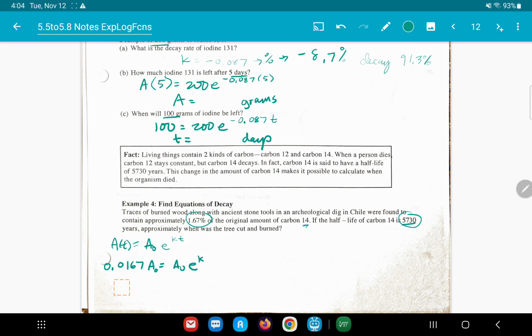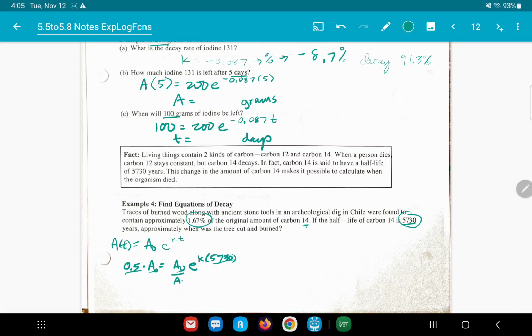Oh, actually, I'm writing the wrong numbers, I'm sorry. Since this is going to give us half the amount in 5,730 years, I'm going to say that this is 0.5 times a sub 0. Let me rephrase that: we have half of the amount of material, and it's going to take 5,730 years to do this. That means we need to solve for k.